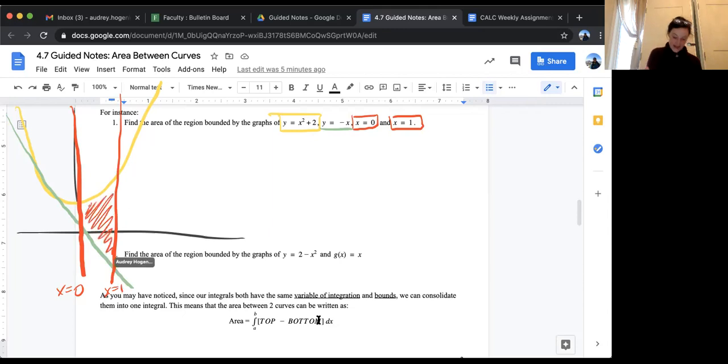right here. And that is not just the area under y equals x squared plus 2, because we are going below the x-axis now, okay? So the area is that red that we want to find.